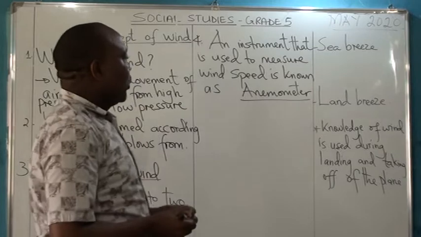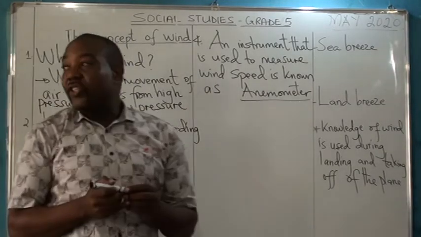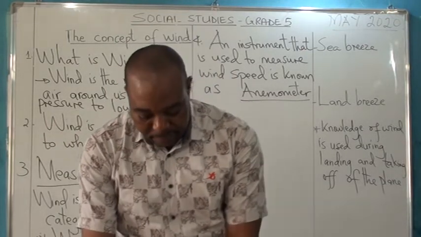An instrument that is used to measure wind speed is known as an anemometer, and an instrument that is used to measure wind direction is known as a wind vane.